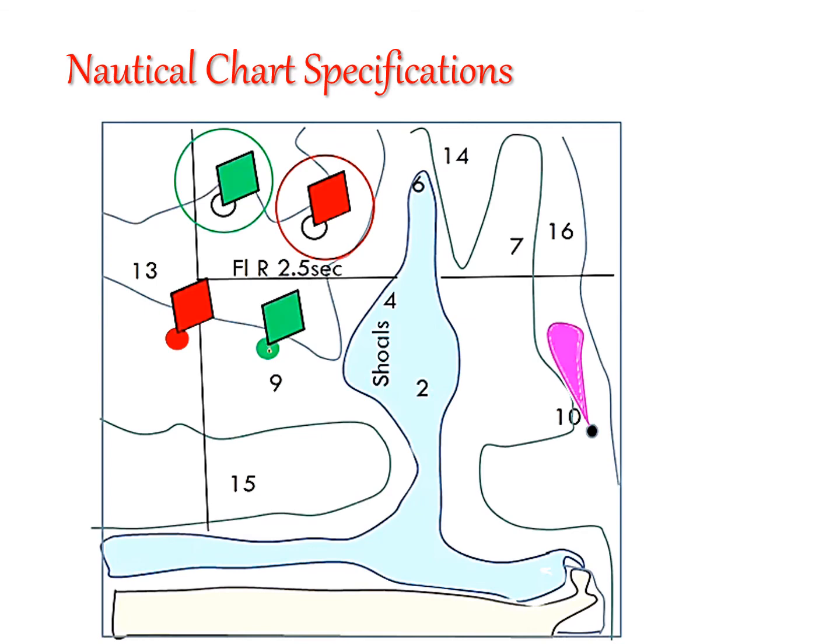All these lines you can see here show the deep water. The water in between all the different lines shows the deep water, and all these numerical values you can see here are called the depth.